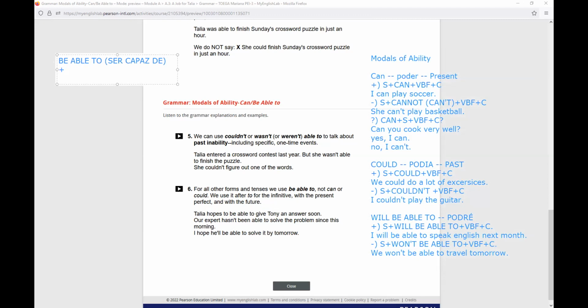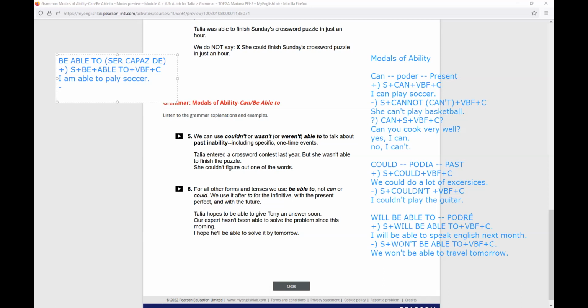So, for example, in affirmative, I will use the subject, be able to, plus verb in base form and the complement. For example, I am able to, yo soy capaz de, I am able to play soccer, for example.